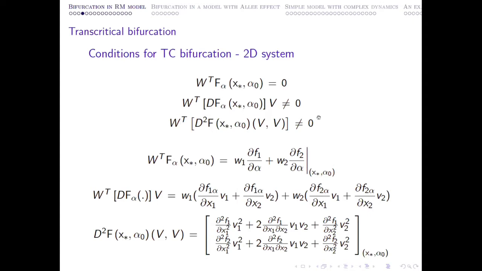And in order to find this one, here I have just mentioned what will be the expression for D2F of V comma V. This is given by this one.